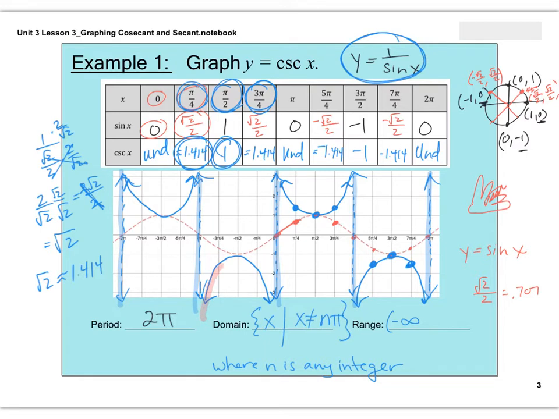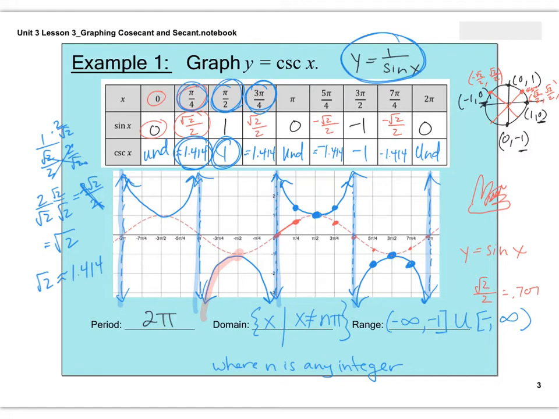As it comes up, the highest it's going to hit is negative 1. So the range goes from negative infinity to negative 1, including negative 1. And also, so I'm going to do union, it can start at positive 1 and then go up forever. So it can include 1 up to positive infinity.